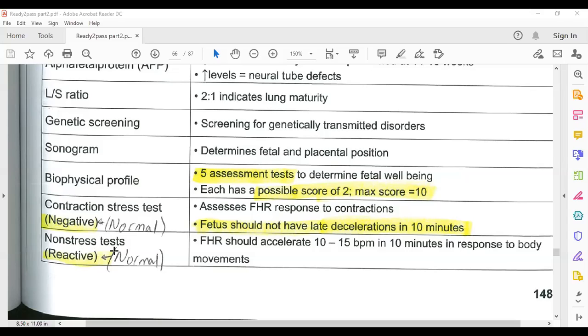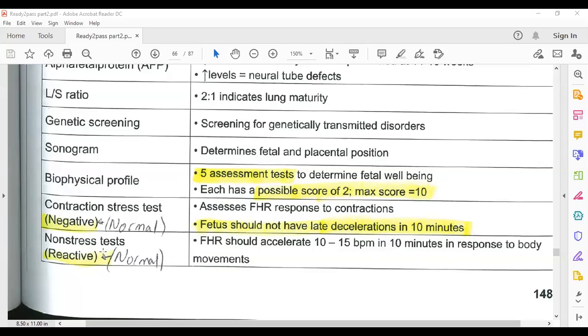Normal findings means the fetal heart rate has a normal rate or moderate variability, and accelerations more than 2 times in a 20-minute period, or acceleration of 10 to 15 beats within 10 minutes in response to body movement.